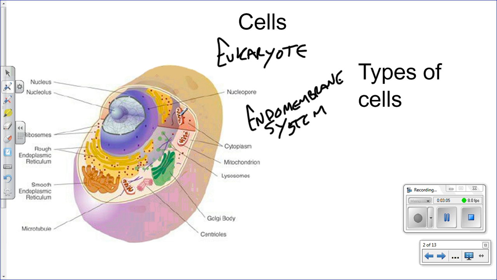We exclude the mitochondria because they are not part of the endomembrane system as far as what we're talking about for protein production that is going to be secreted out of the cell. So if we think about his pancreas, it is going to produce insulin, and insulin is a protein. It's actually a hormone that's going to regulate blood glucose levels by binding to cells around the body that allow glucose then to get into those cells to be used by the mitochondria.